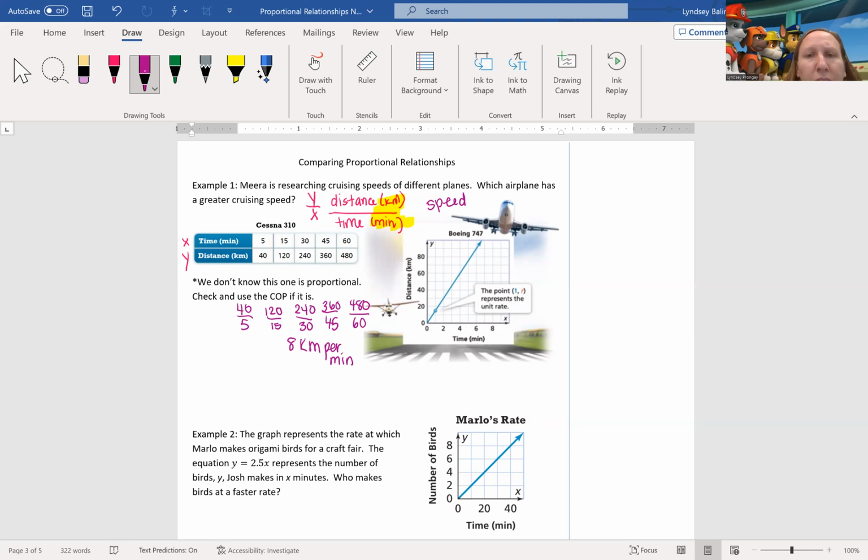Now we're going to look at our graph, and we're going to find an ordered pair that works nicely. Once again, our y-axis is the distance and our x-axis is time in minutes, so it's going to be distance over minutes, kilometers over minutes.